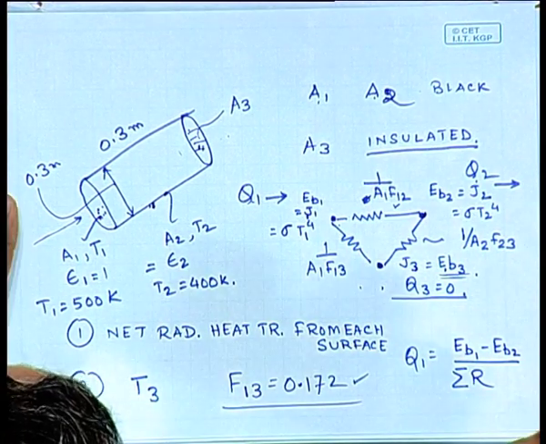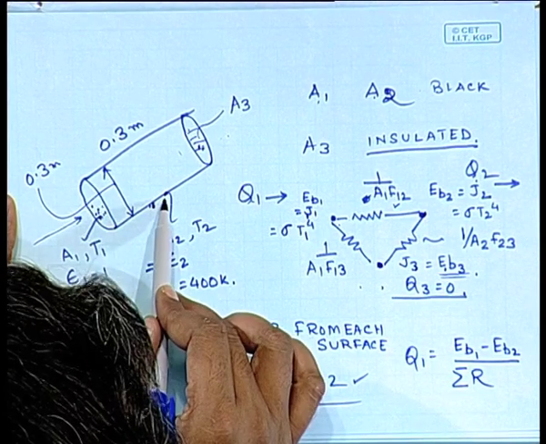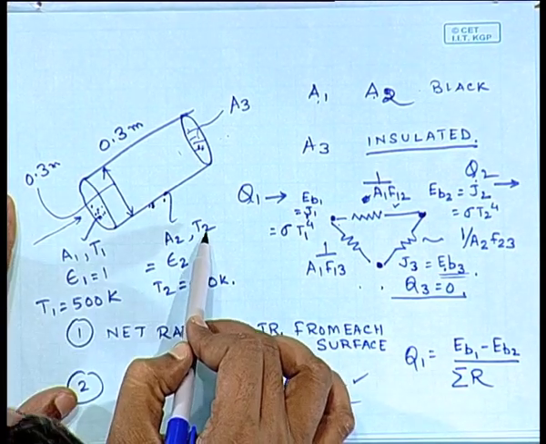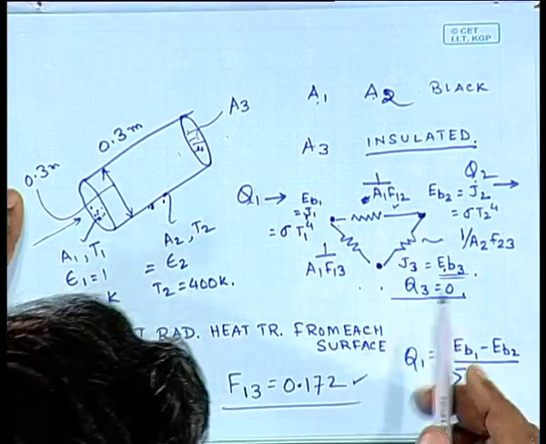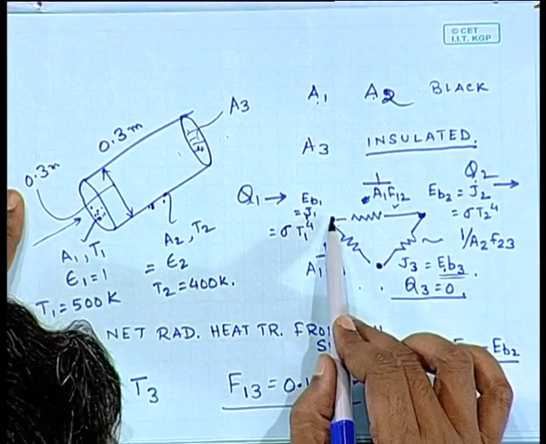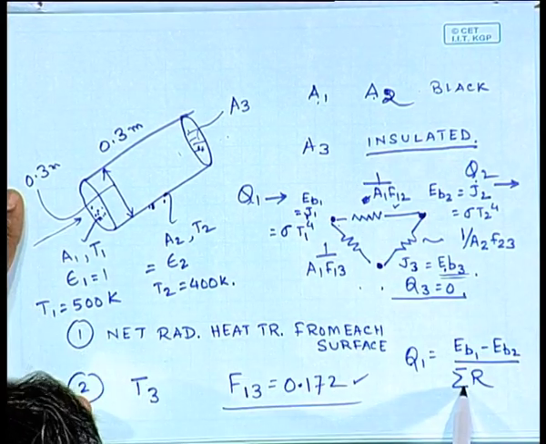Is that clear? To maintain it at 500, you have to supply some energy. To maintain it at 400, you are definitely going to extract some amount of energy. So Q1 would be equal to minus Q2, and Q1 would simply be equal to the potential difference between these 2 points divided by the sum of resistances.